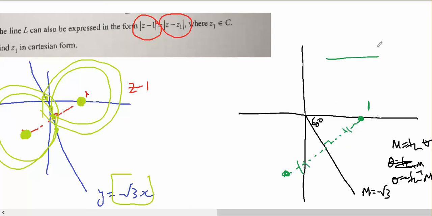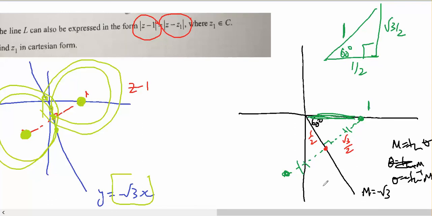So if I've got a right angle triangle where the hypotenuse is 1 and this angle is 60 degrees, then that's going to be root 3 on 2, and that's going to be a half. So I know that this is also root 3 on 2 to go from here to here.